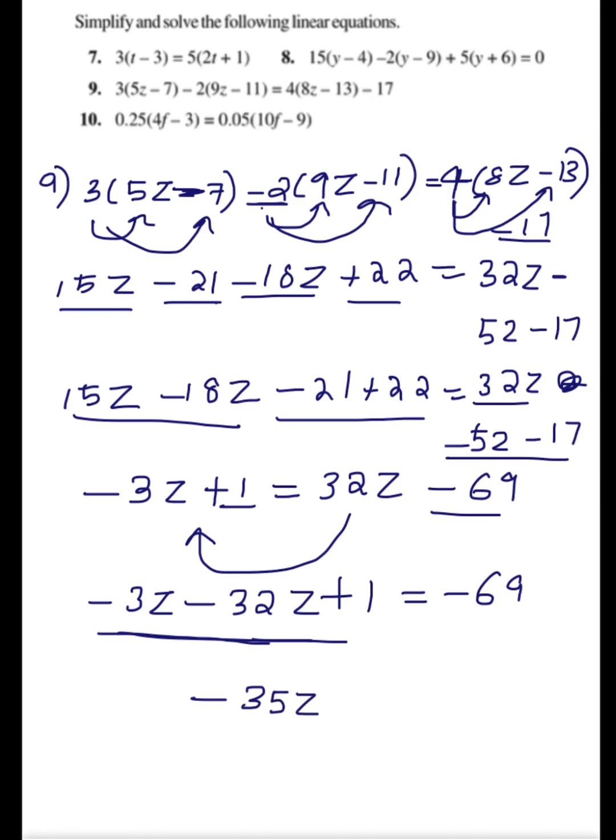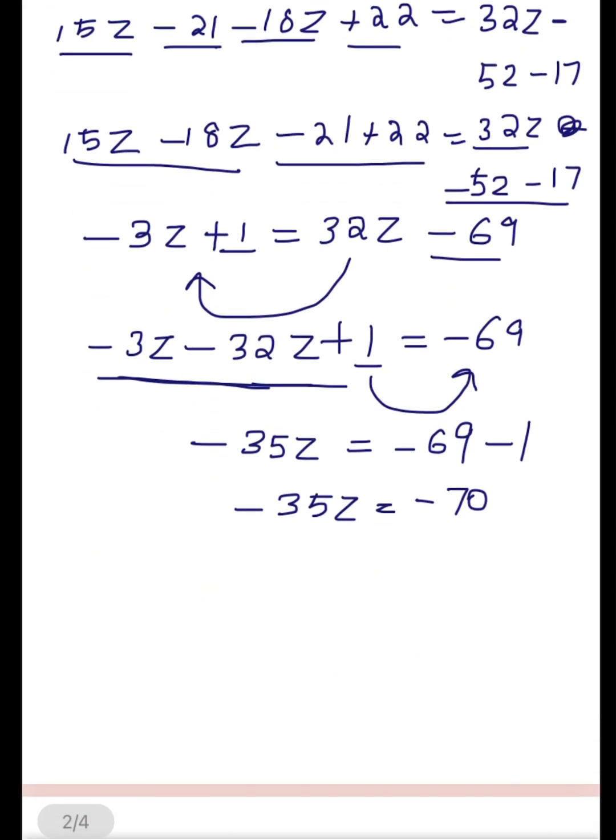And this plus 1 you have to take to the other side. Only then will you get the variables alone on this side. So this will be equal to minus 69. When plus 1 is taken to the other side, it becomes minus 1. So minus 35z is equal to minus 69 minus 1, which is minus 70.